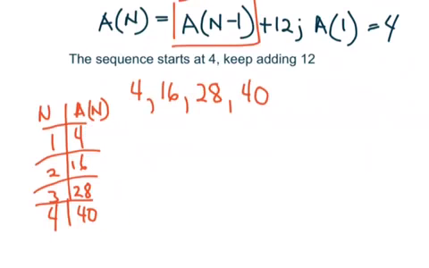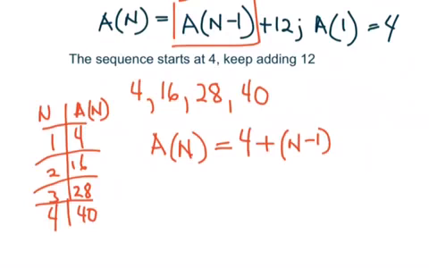So writing just a regular old formula for this, we could say that the total y, or the total a of n, equals that it starts at 4, and then from there we're always adding an additional 12 for every x. But in this case it's n, and we're off by 1, so we can write n minus 1 and attach a 12 to that.